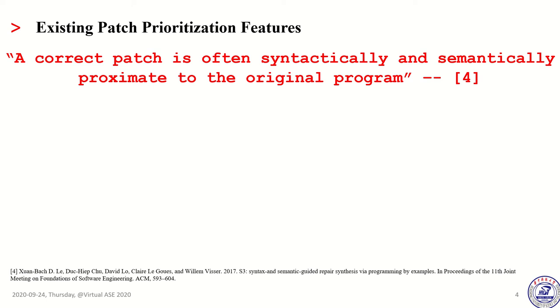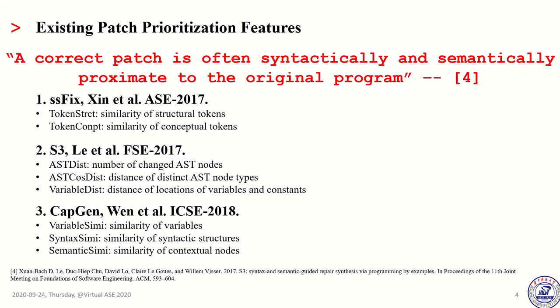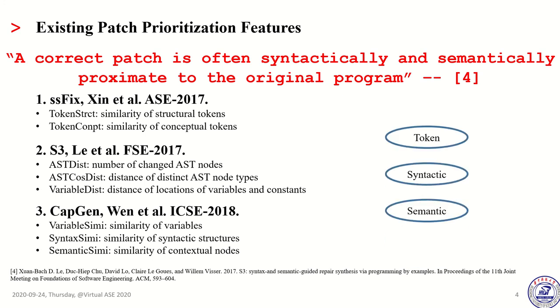Their intuition is that a correct patch is often syntactically and semantically proximate to the original program. In this study, we consider 8 features from 3 APR tools, which are SSFix, S3, and Capgen, respectively. Generally, they leverage token sequence, syntactic structure, and semantics of programs for calculation.